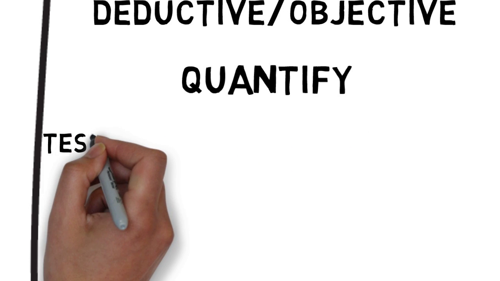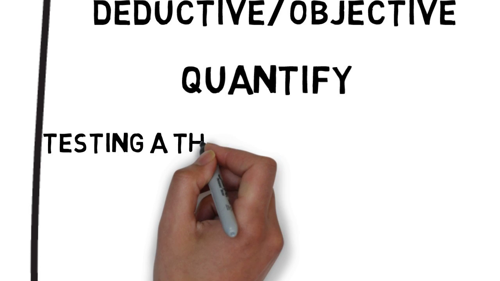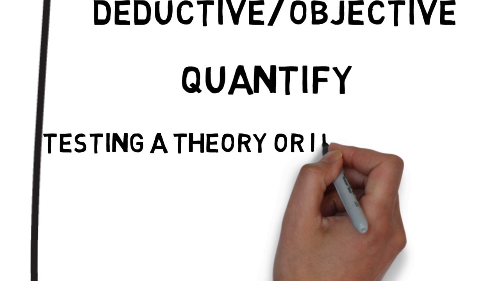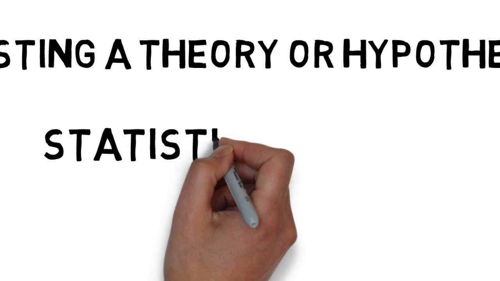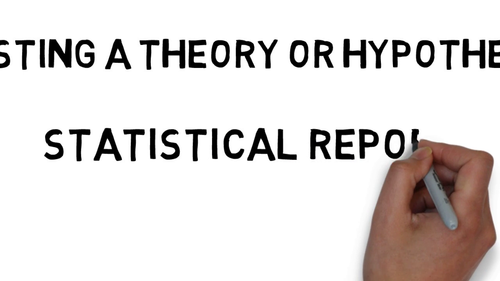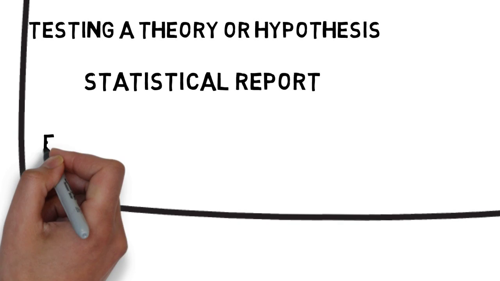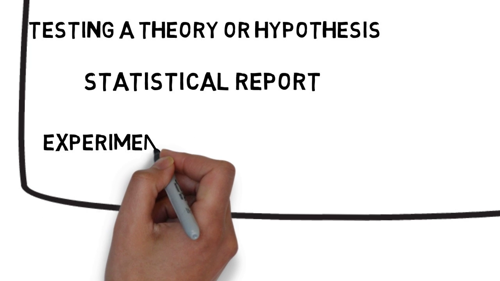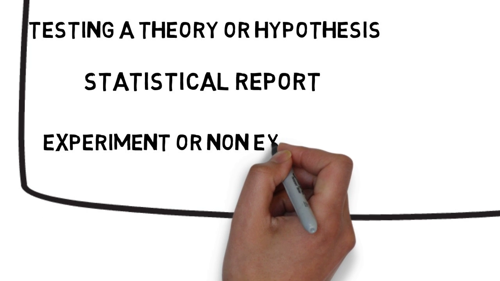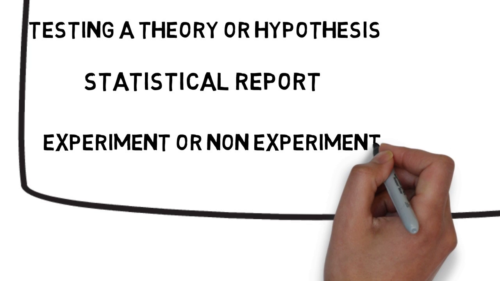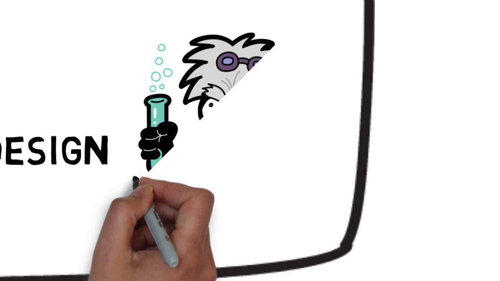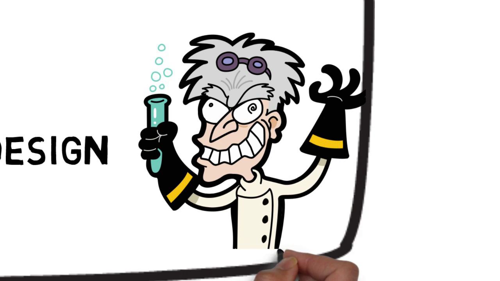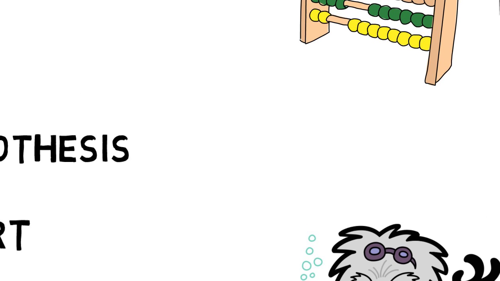It depends on your research design. It is basically about testing a theory or a hypothesis during your data collection or during your sampling. It can be in the form of a statistical report, or the whole research design can be an experiment or a non-experiment. Quantitative is extremely popular for its experimental design, but there's another aspect to it which you can use as surveys or interviews.